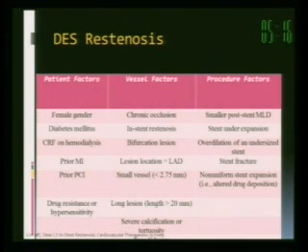Procedure-related factors include smaller post-stent minimal lumen diameter, stent under expansion, over-dilatation of an undersized stent, stent fracture, and non-uniform stent expansion, which leads to altered drug deposition.